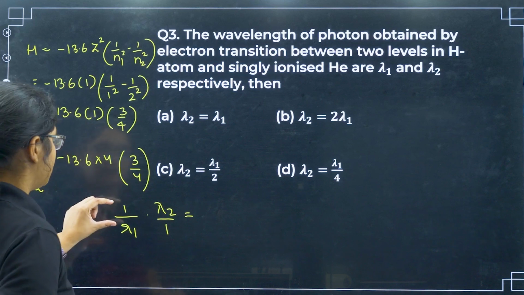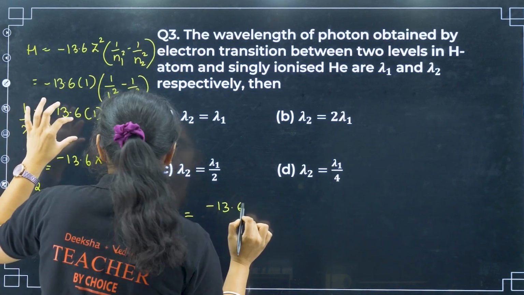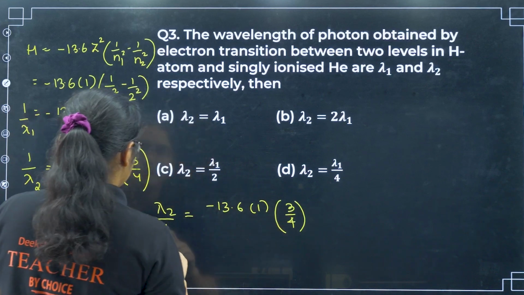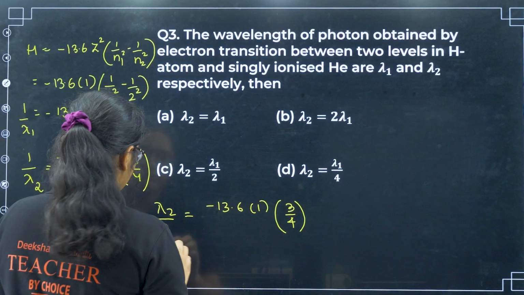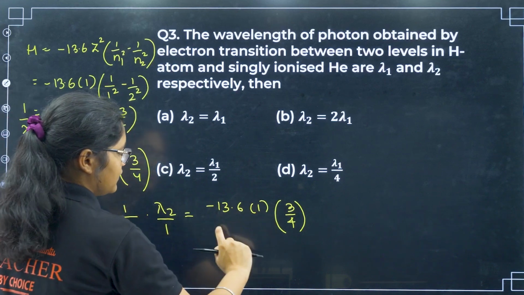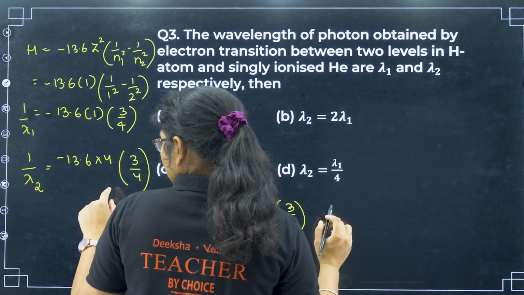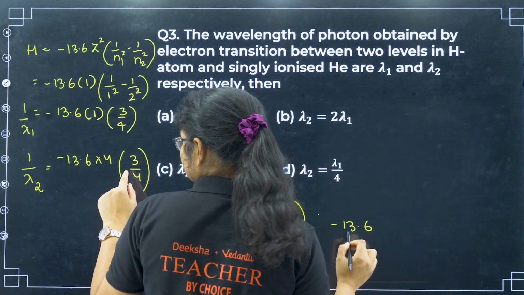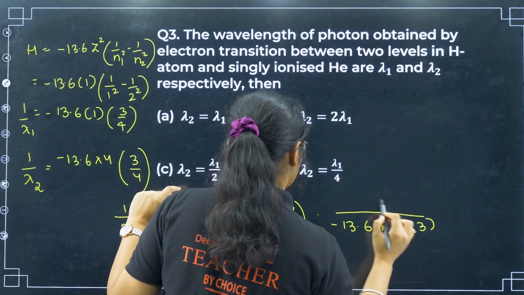Okay, so next let's just write down, 1 by lambda 1 is minus 13.6 into 1 into 3 by 4, and 1 by lambda 2 is minus 13.6 into 4 into 3 by 4.